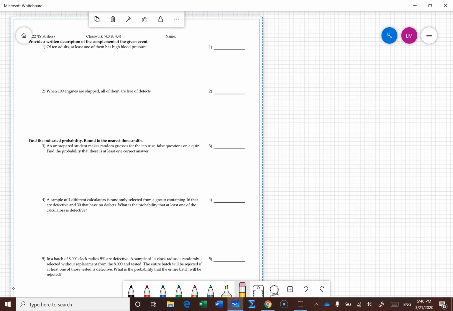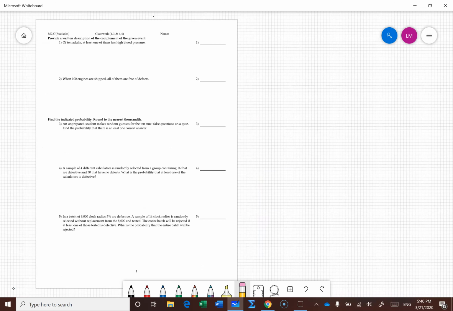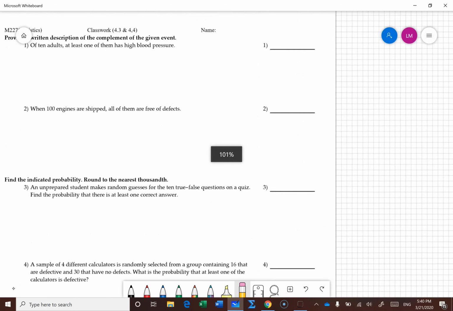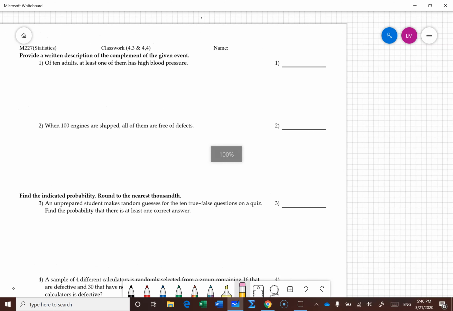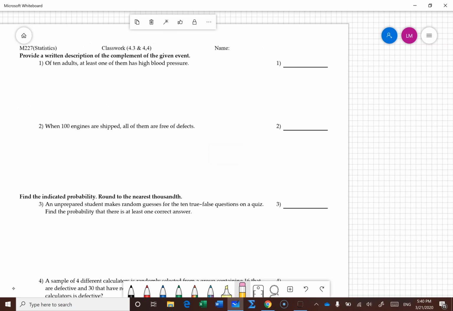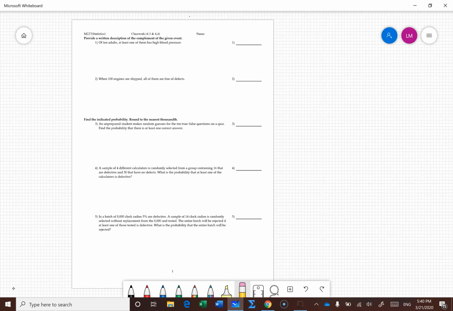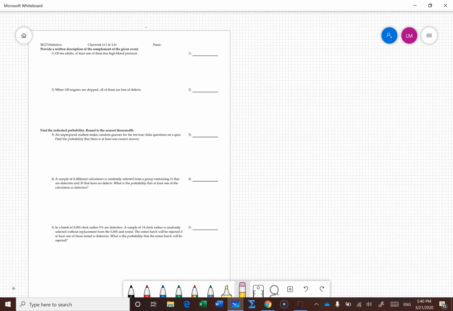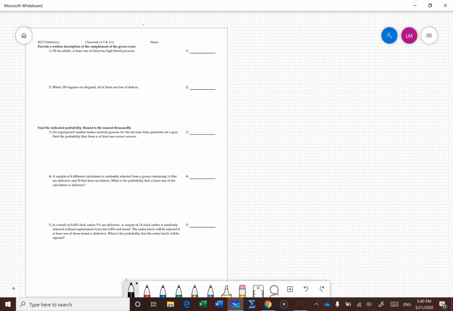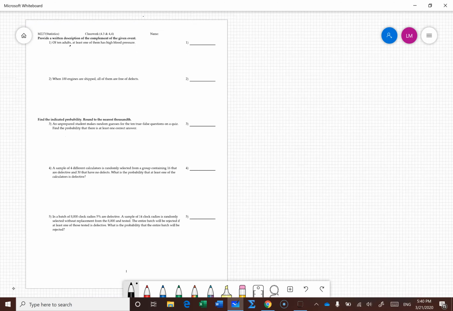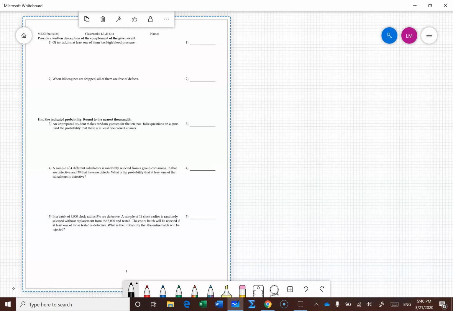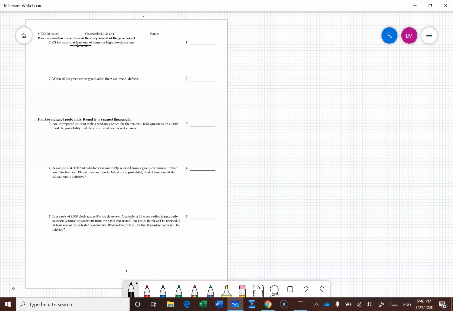Of the 10 adults, at least one of them has high blood pressure. So the complement of at least one is none.